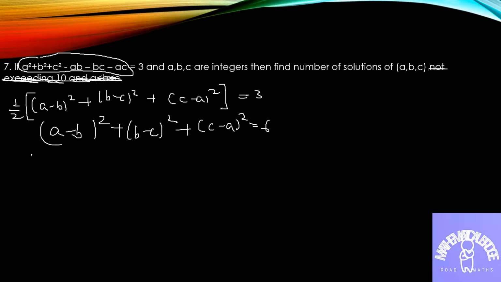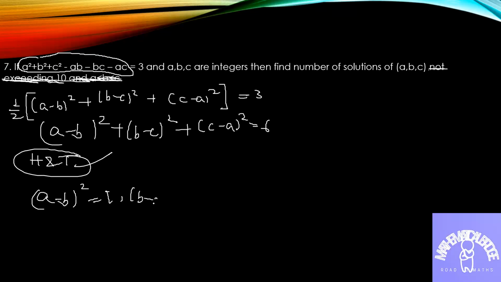Now by hit and trial, (a minus b) whole square can be equal to 1, (b minus c) whole square can also be equal to 1, and (c minus a) whole square is equal to 4.